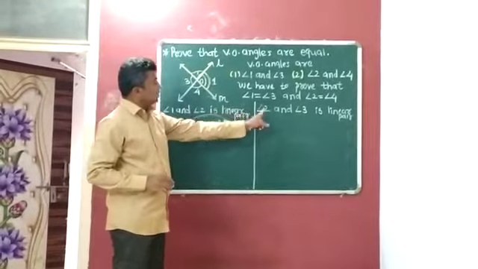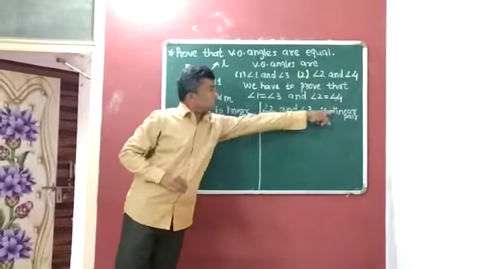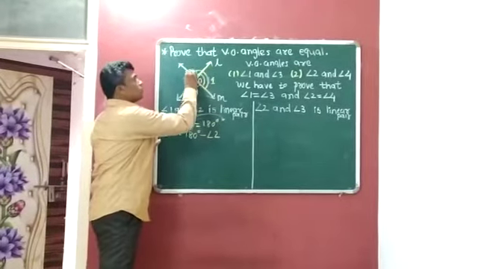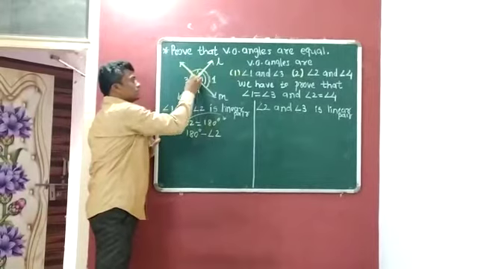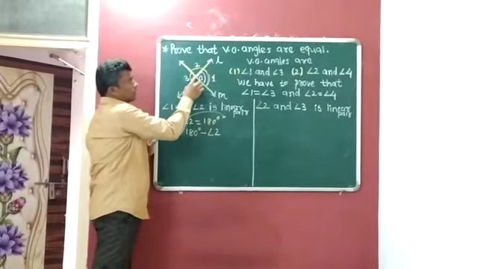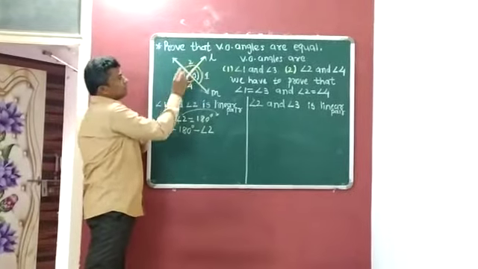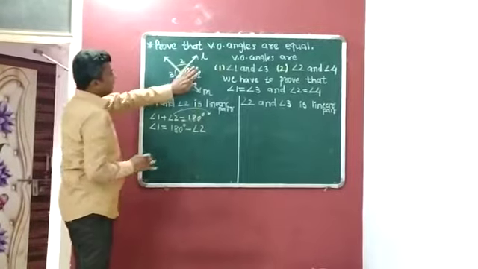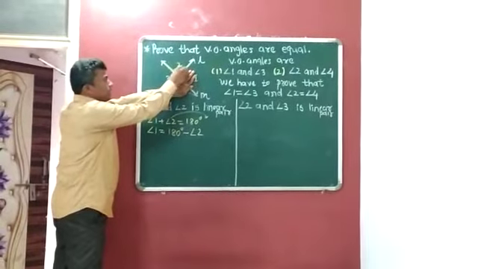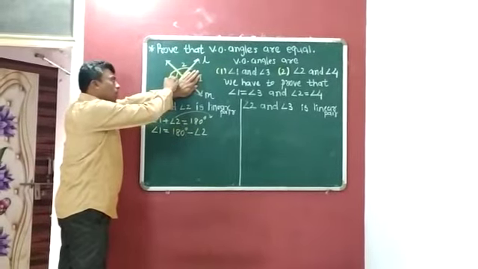Now, second. Angle 2 and angle 3 is a linear pair. See, this is angle 2 and this is angle 3. This is also a linear pair, and they form a half circle.